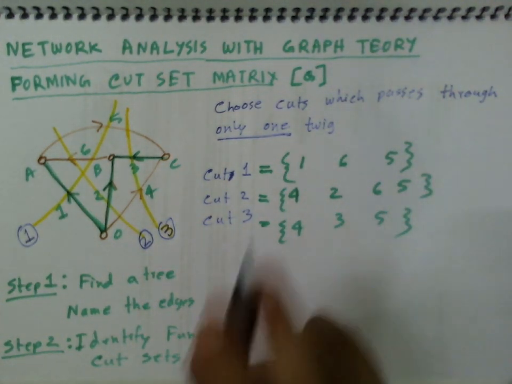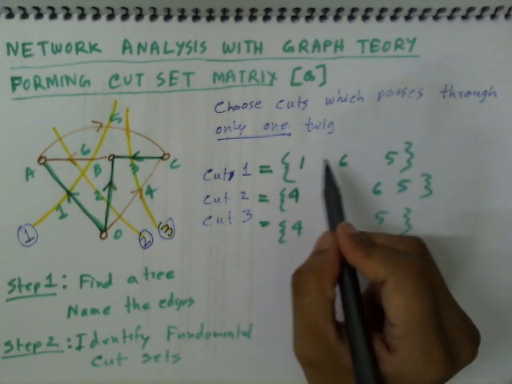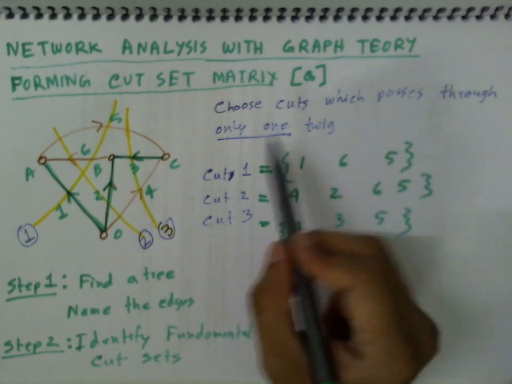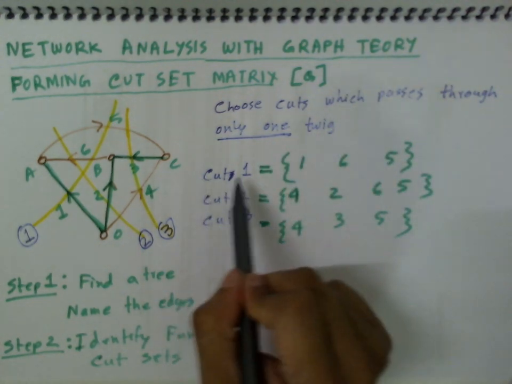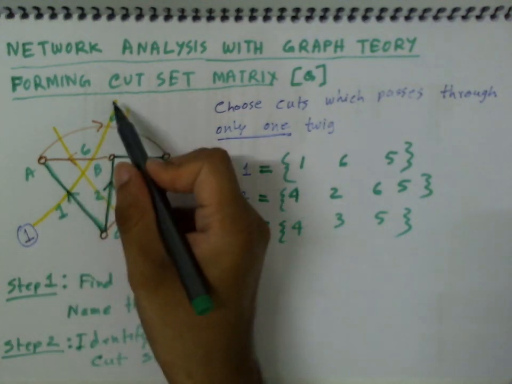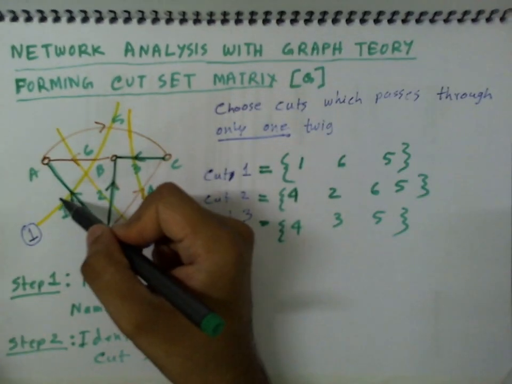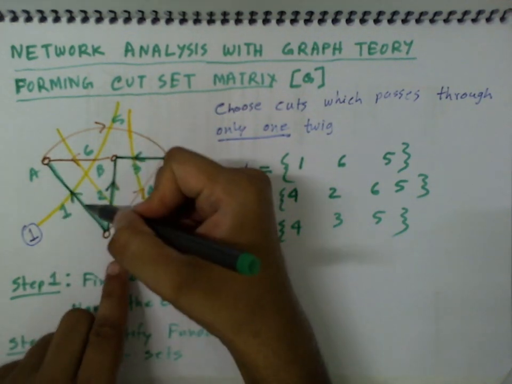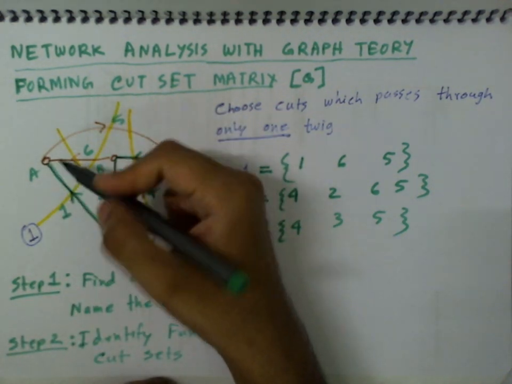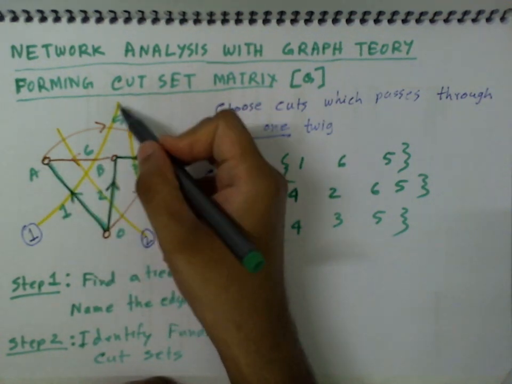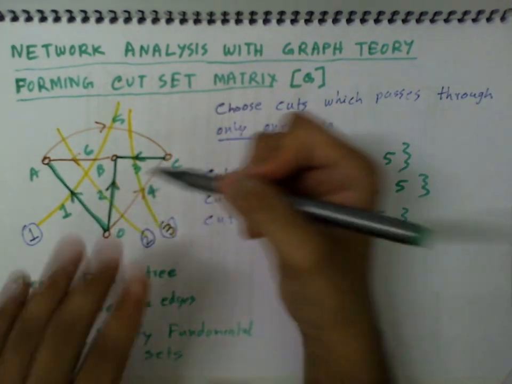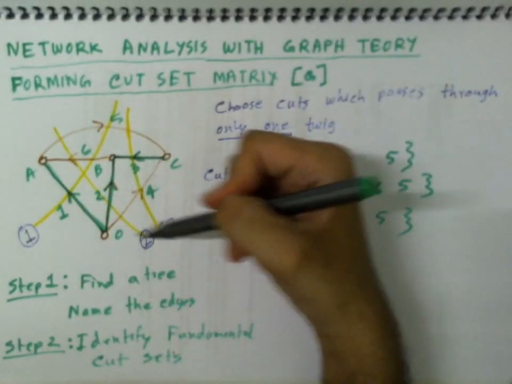Okay. Now there is a convention for plus minus direction. Let's come to that. Consider cut 1 again. See, this cut 1 is this, and the edge that generates this cut is this. So this is the parent edge of this cut, and the direction of this parent edge is from this side to that side, from right to left.